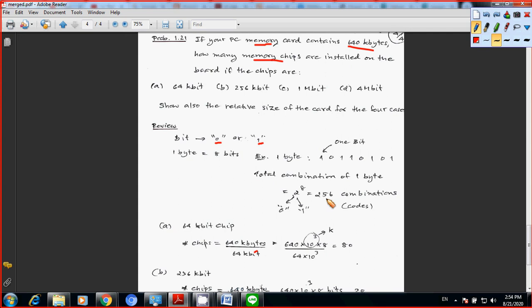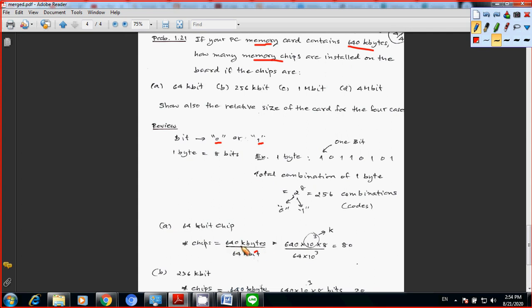So for a 64 kbit chip, you want to find the number of chips to make the memory card of 640 kbytes. You simply divide 640 kbytes by the 64 kbit chip. Okay, K is 10 to the power of 3, or 10 cubed.